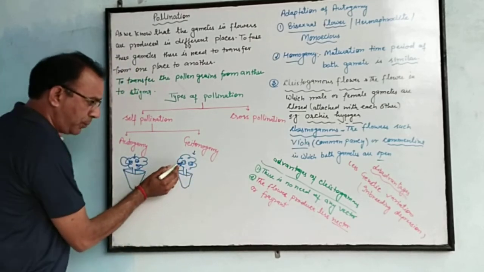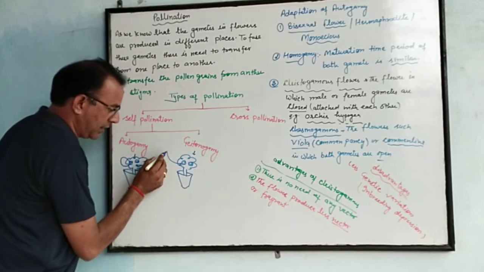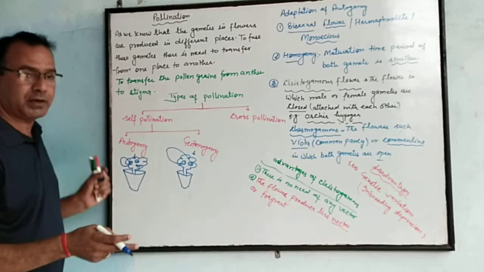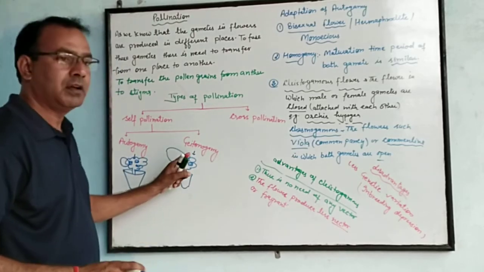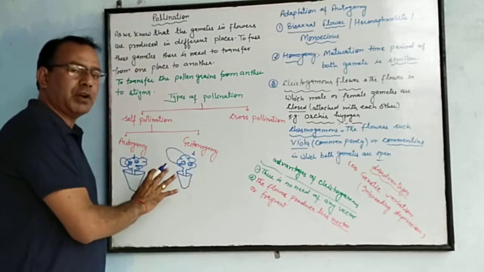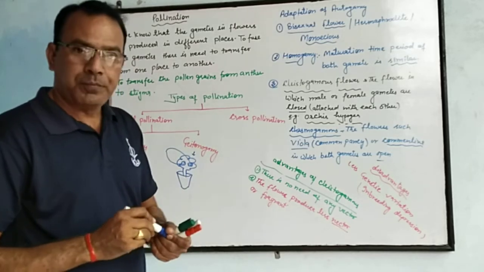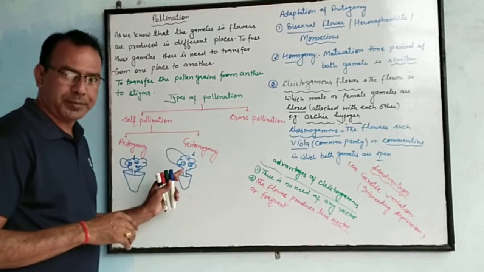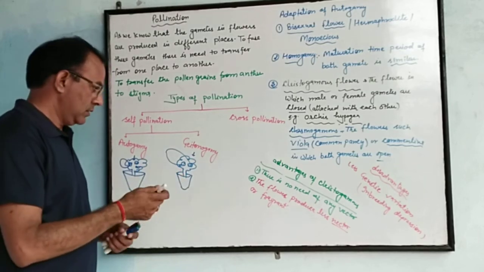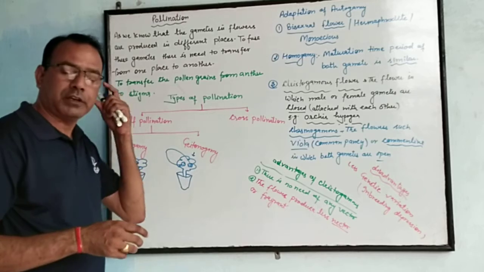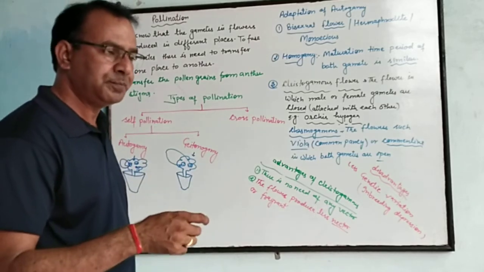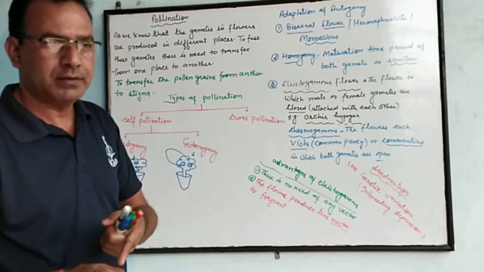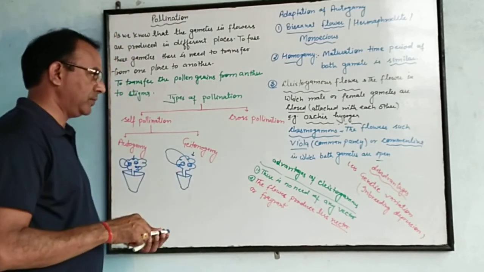If there is transfer of pollen grain from anther to stigma in another flower of the same plant, there is no change of plant, but the flower can be changed. That is called geitonogamy. Transfer of pollen grain from anther to stigma in another flower of the same plant, that is called geitonogamy.